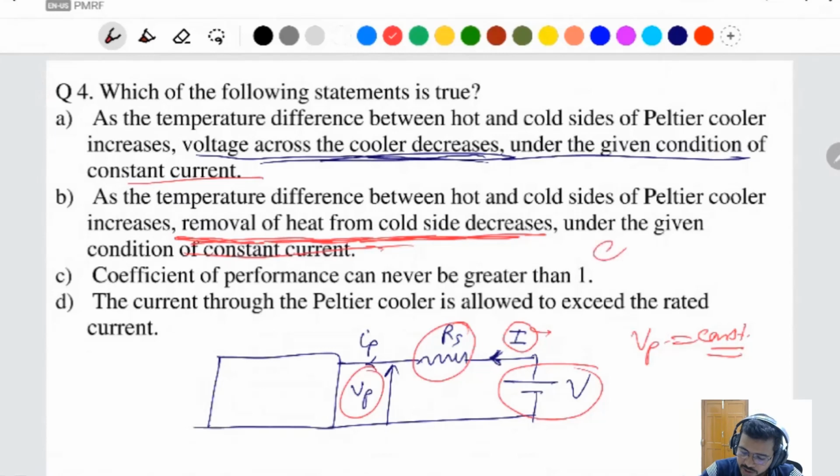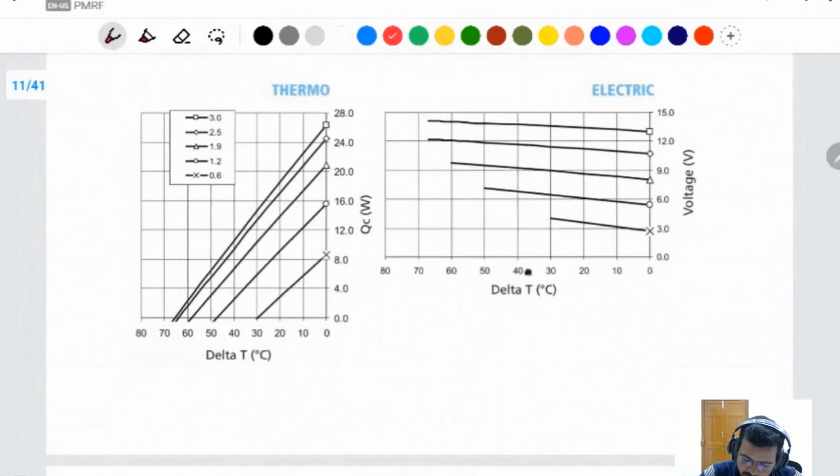This means QC. If the temperature difference increases, then QC will decrease because of the condition of constant current. It means you should increase the current. If you see the data sheet, you can understand this. This is QC.